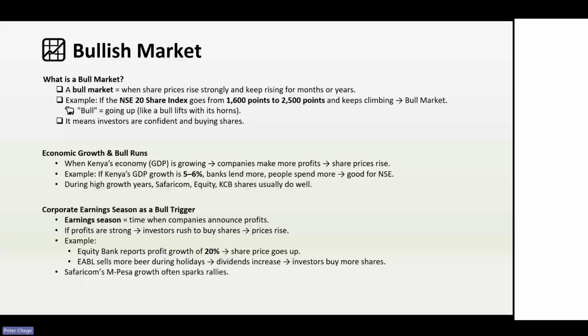I'll talk about KCB, but never be worried about some of these price drops. KCB, if I may talk about it right now, they just closed their books for dividend.